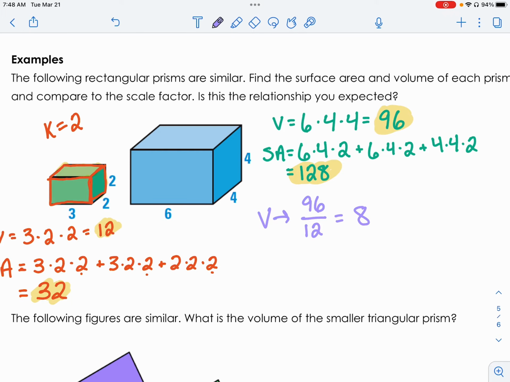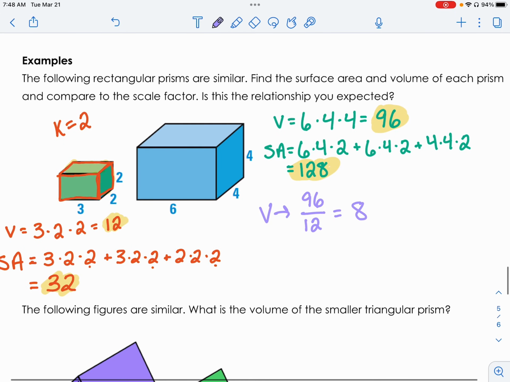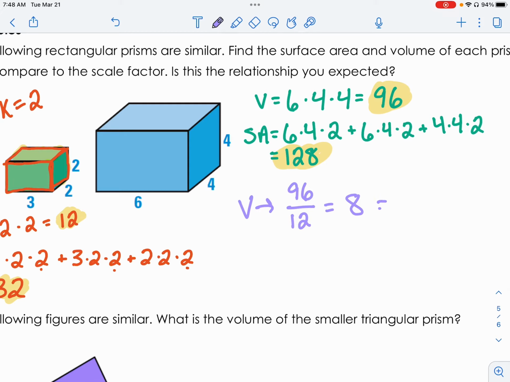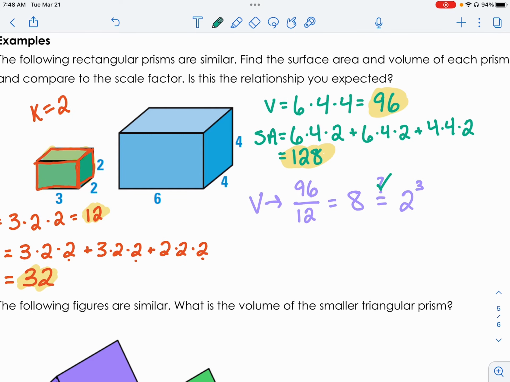Our K value was 2. Remember, when we give our answers of volume, it is given in some units cubed. So does our K value of 2 cubed equal 8? Well, you bet so. So that checks out. There is our relationship.